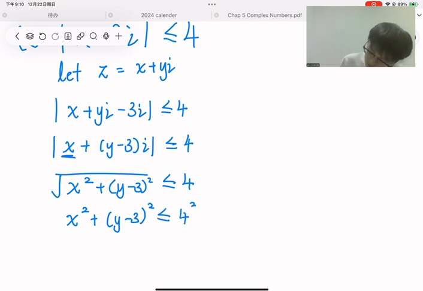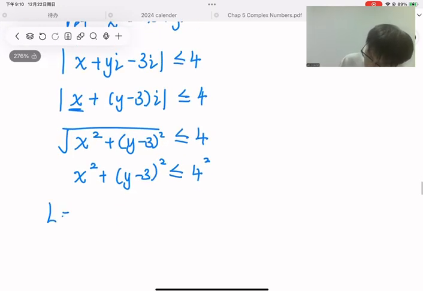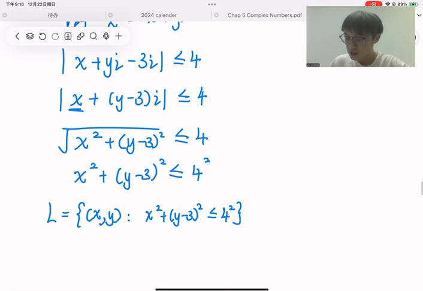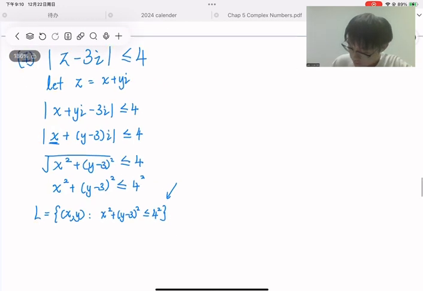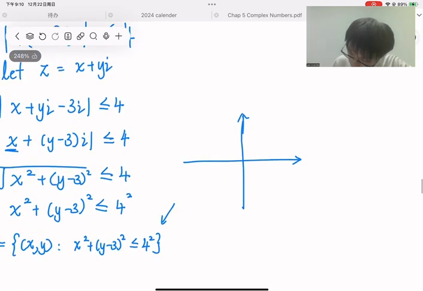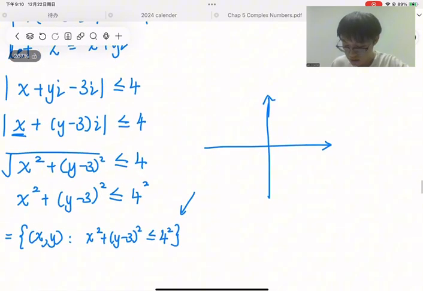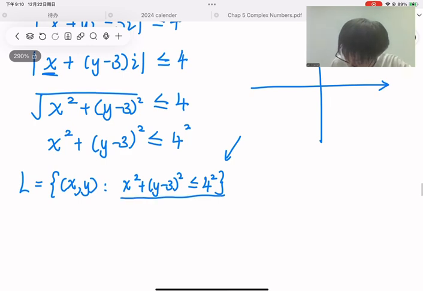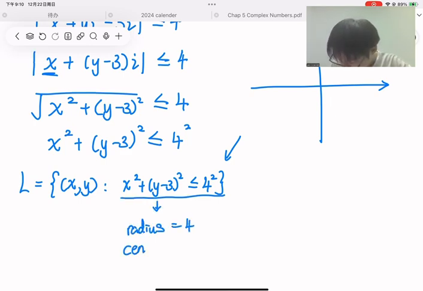So our locus is the set of x, y such that x squared plus (y minus 3) squared is less than or equal to 4 squared. With this equation, we can sketch the locus of this condition. This equation is a circle with radius 4 and center (0, 3).